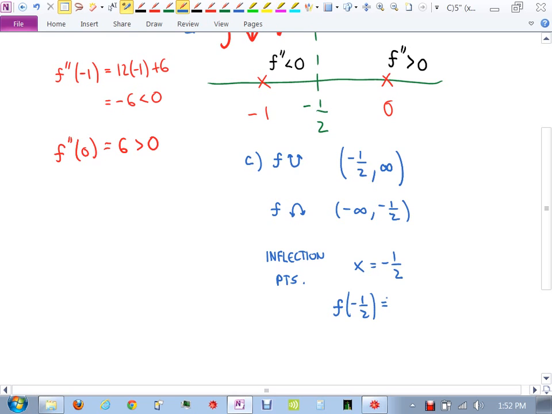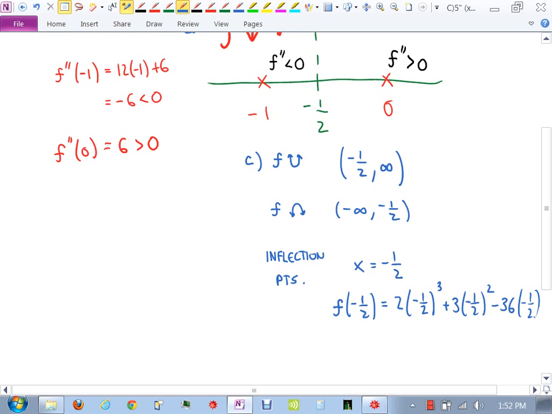Where are we plugging this into? 2x cubed plus 3x squared, right? Okay, so 2 times -1/2 cubed plus 3 times -1/2 squared minus 36 times -1/2, right? What do you got? 18.5? 18.5?